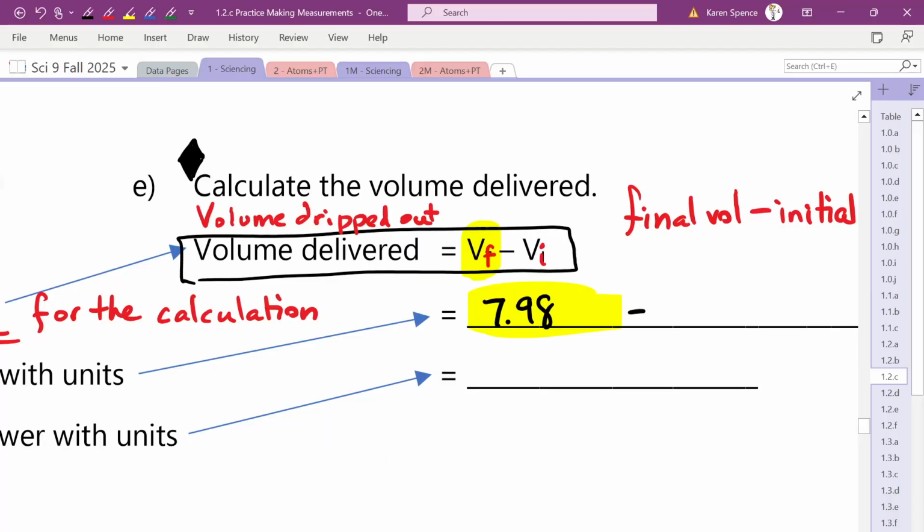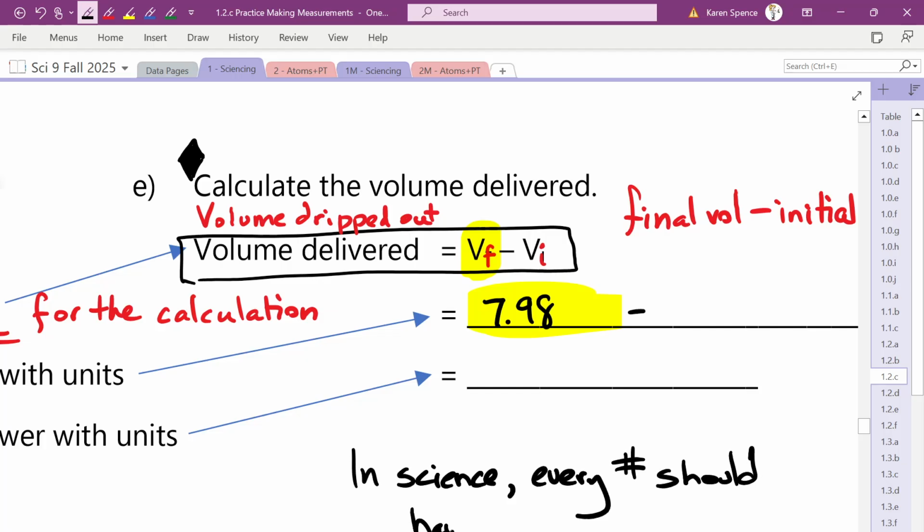What am I leaving the space for? Any guesses? Yeah, unit. Every number should have a unit. So I shouldn't just write 7.98, I should write 7.98 milliliters.